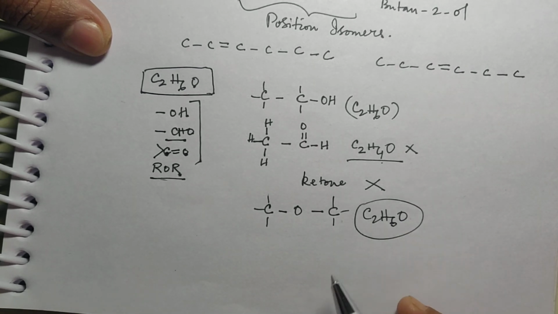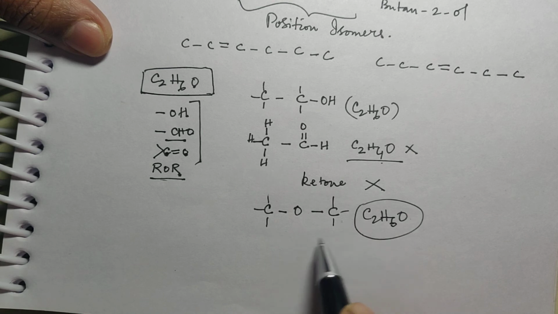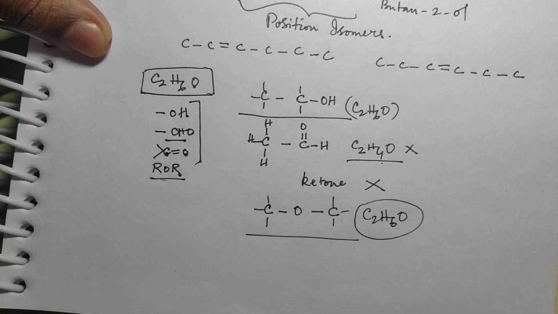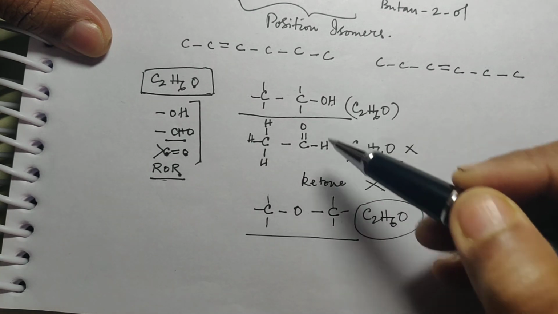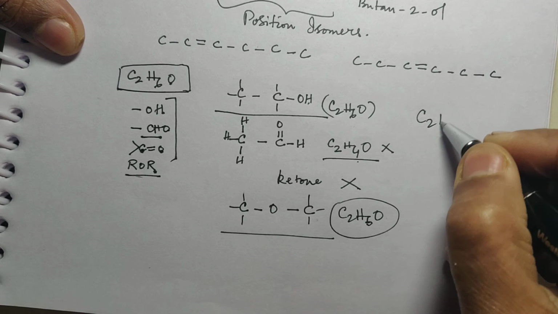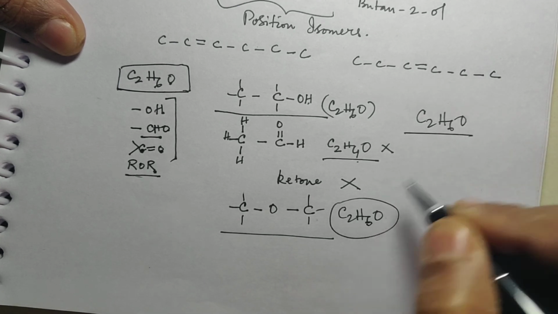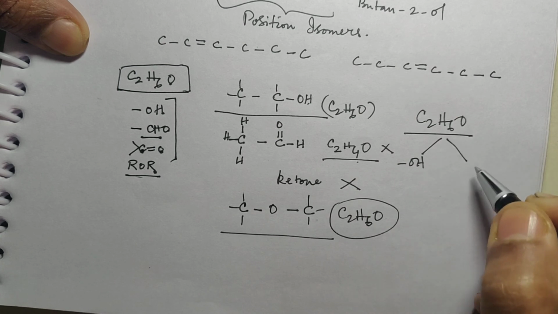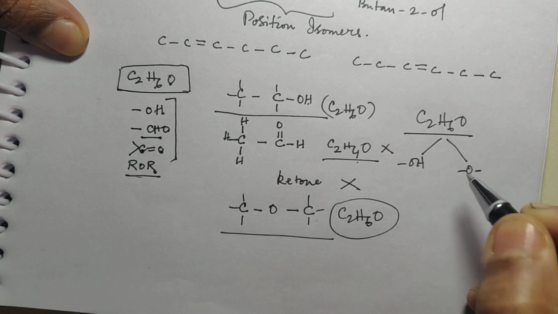So what you have found is that this ether and alcohol are functional isomers. Both of them are represented by the same molecular formula C2H6O, but it could be an alcohol, or it could be an ROR.